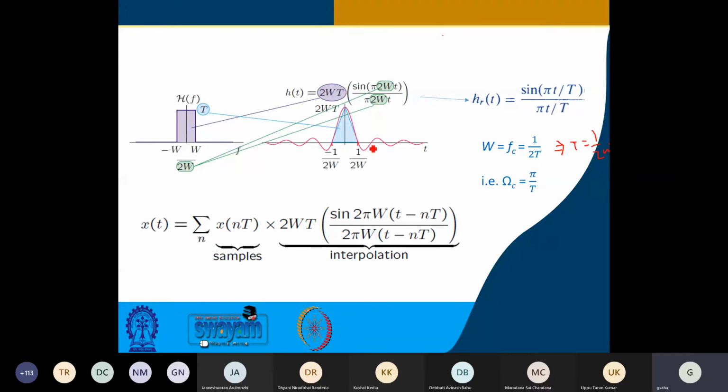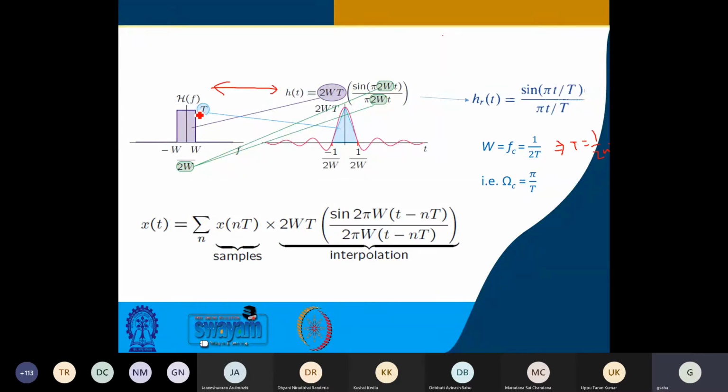This is another capital T, this is the second zero crossing, third zero crossing, fourth zero crossing. This is the nature of this curve that you have already seen.